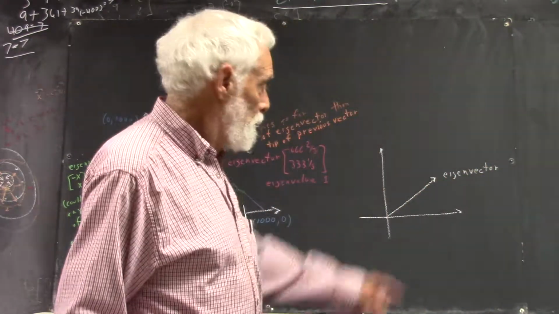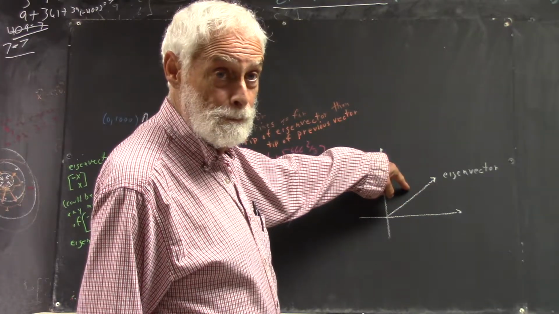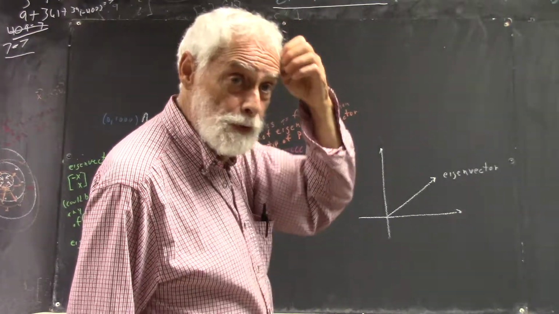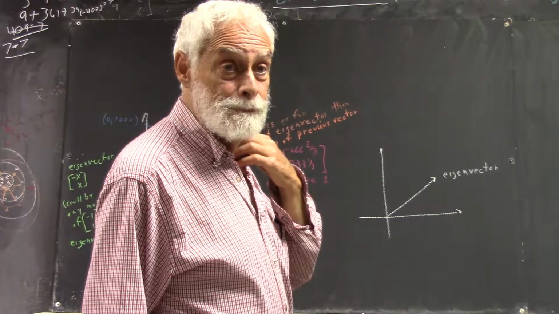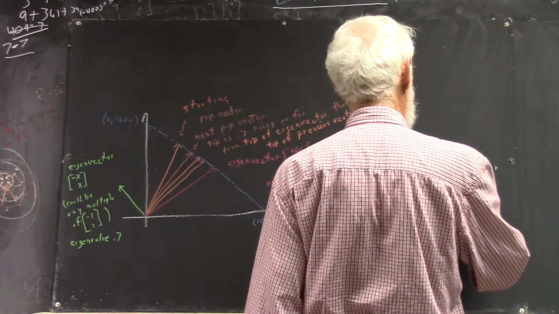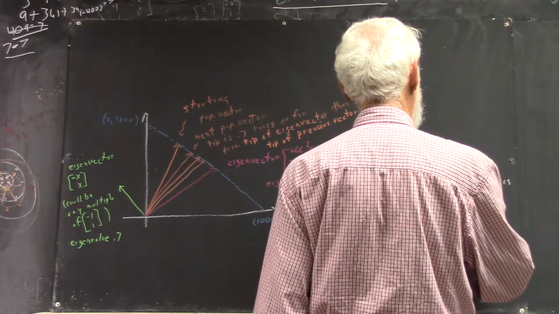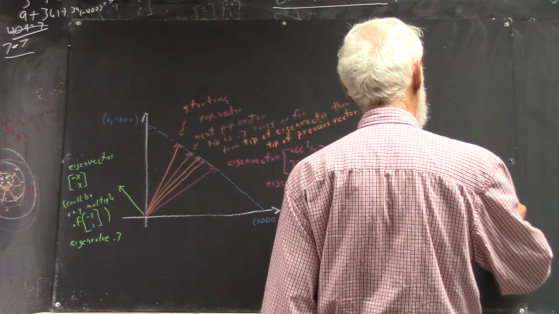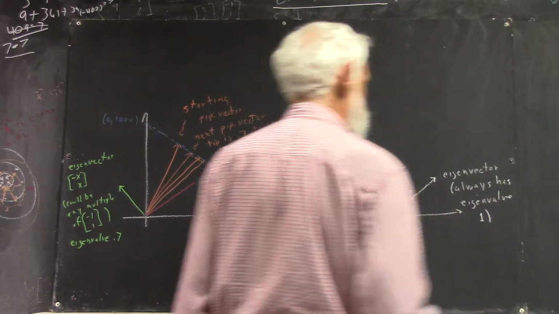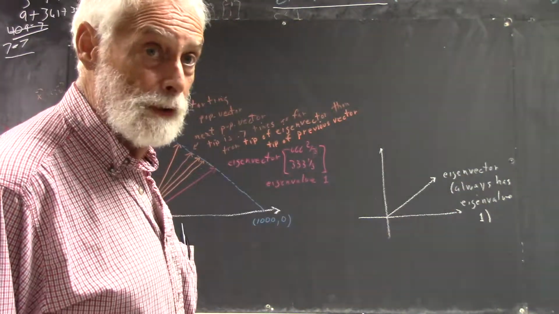And incidentally, one of your eigenvectors will always have eigenvalue 1. So if you don't get an eigenvalue of 1 out of your equations, you did something wrong. Okay? So you want to check that out. It always has eigenvalue 1.